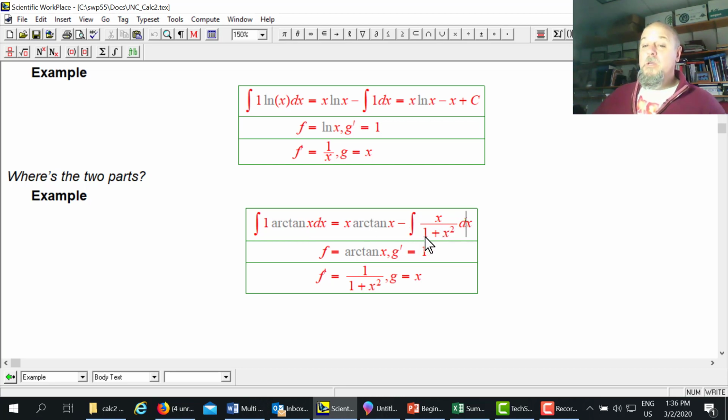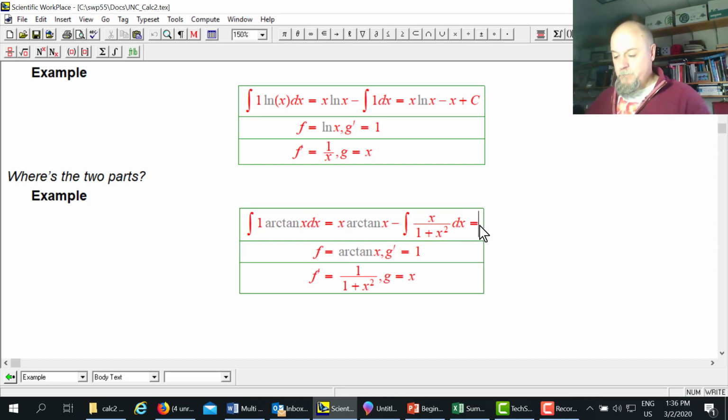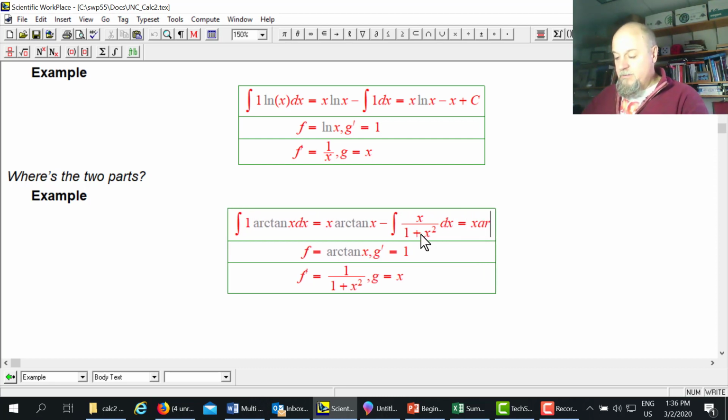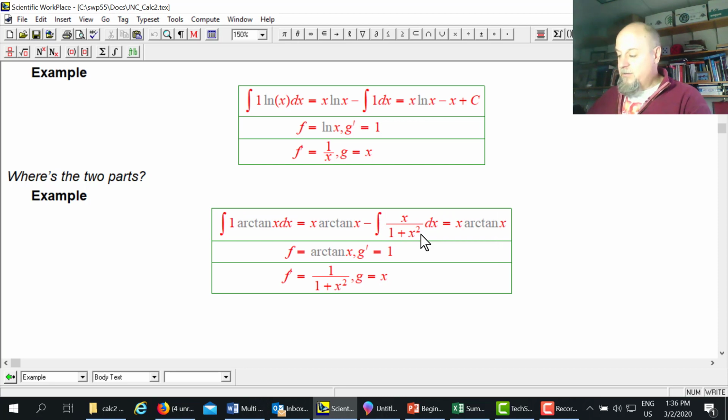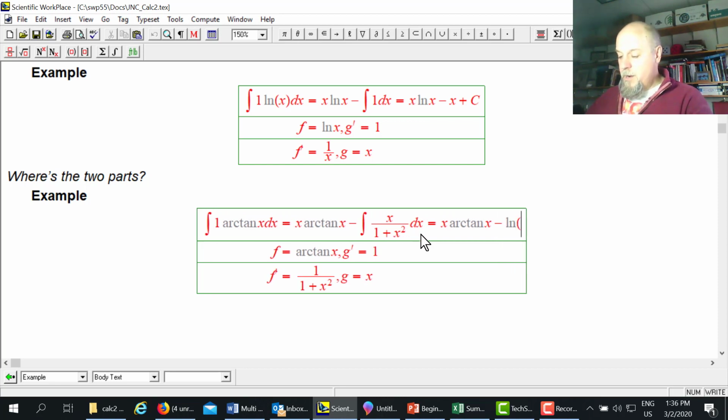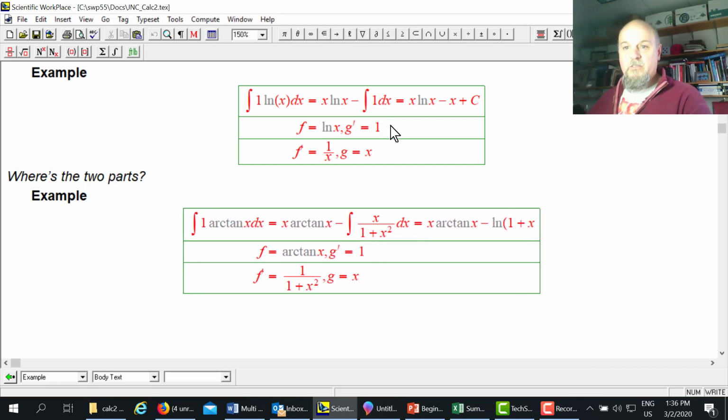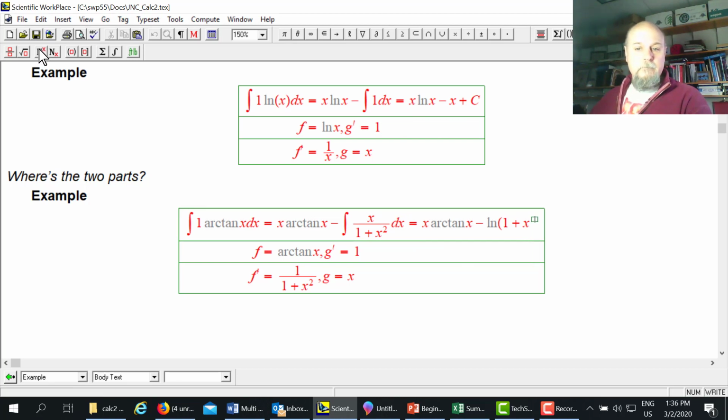I'm going to do a u substitution. If I let u equal 1 plus x squared, it's going to work out to be ln. So I got x arctan x minus the ln of 1 plus x squared. This x on the top is the result. When I differentiate ln, I get 1 over 1 plus x squared times 2x.